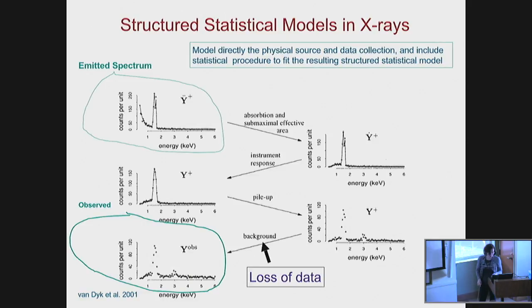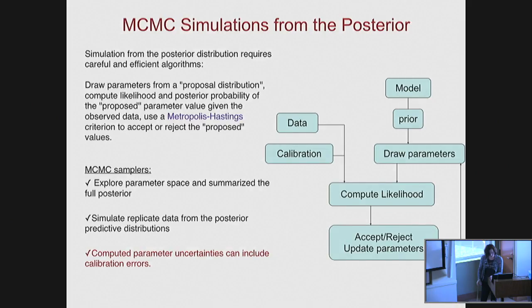So the algorithm which goes towards the solution has to be thought through as well. We solved this by doing MCMC simulations from the posterior, and that's the schematic of what happens. This is our physical source and the priors.